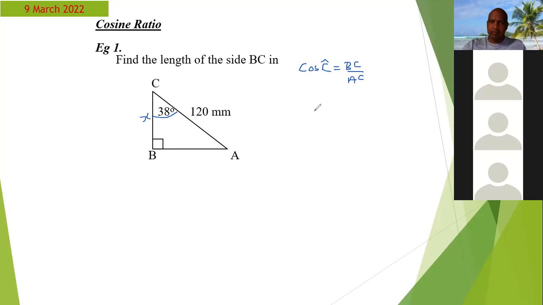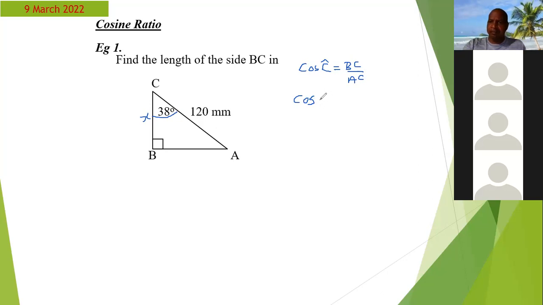So then you're going to put in the real values. Let's substitute for whatever values that we know. We know the angle C would be 38, so we're going to put in that angle. Cosine of 38 degrees. And just bear with me with this device, students.